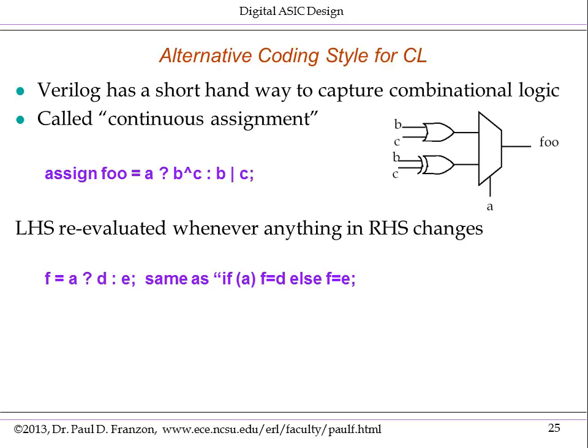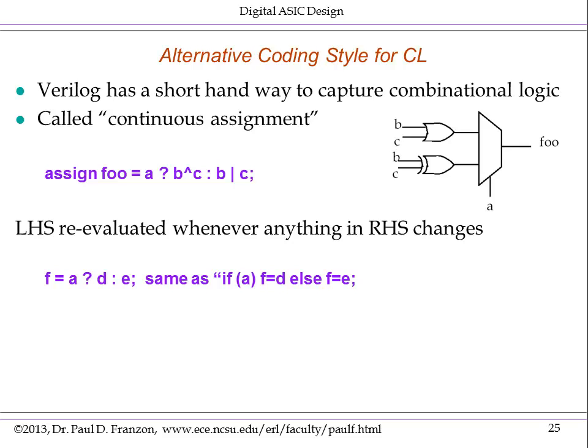This is a shorthand way to capture combinational logic that can be described in one line. It can only be used for logic that can be described in one line, and it's called continuous assignment. It's written as assign output equal some one-line statement.